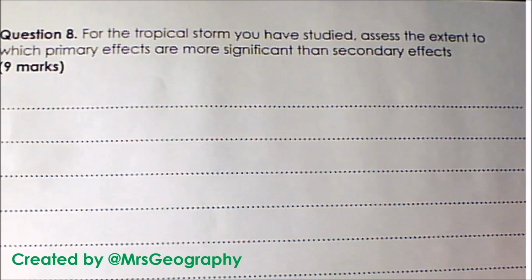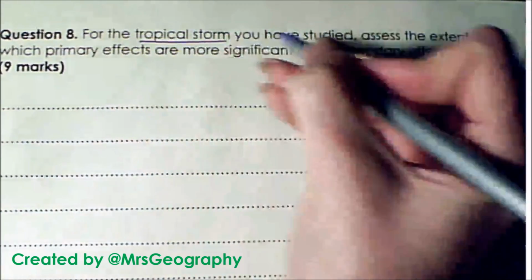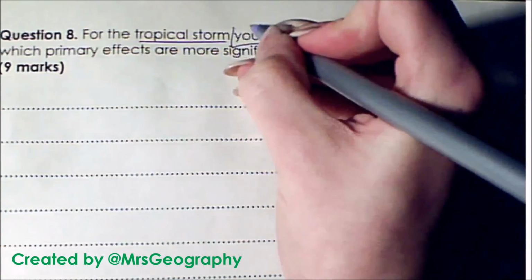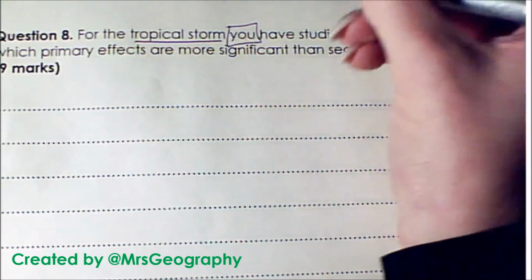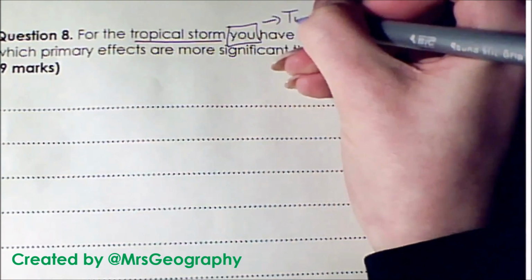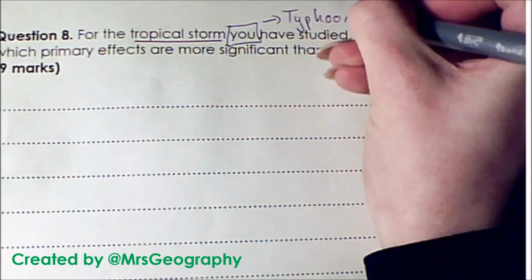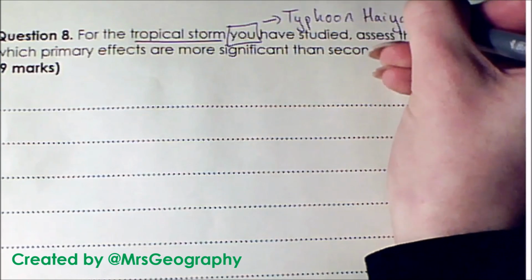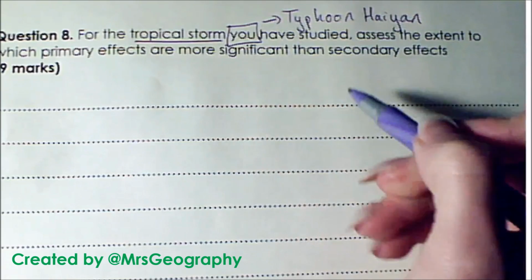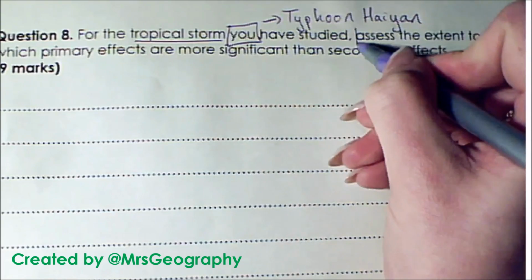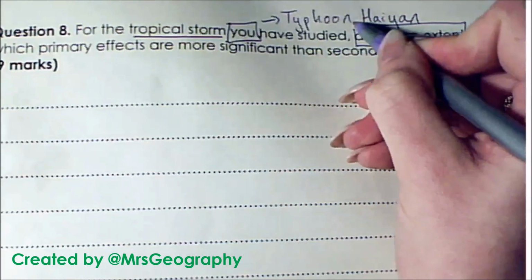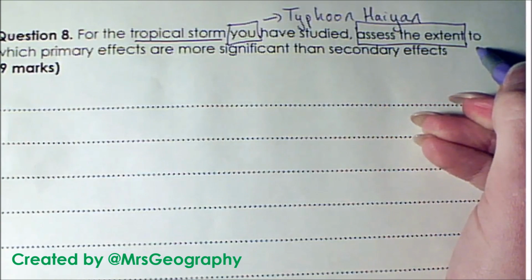So, question 8. We're looking at tropical storms that you specifically yourself have studied. Now, we have decided to study Typhoon Haiyan. So this will be the case study you use. Now, the command word in this question is assess the extent to.